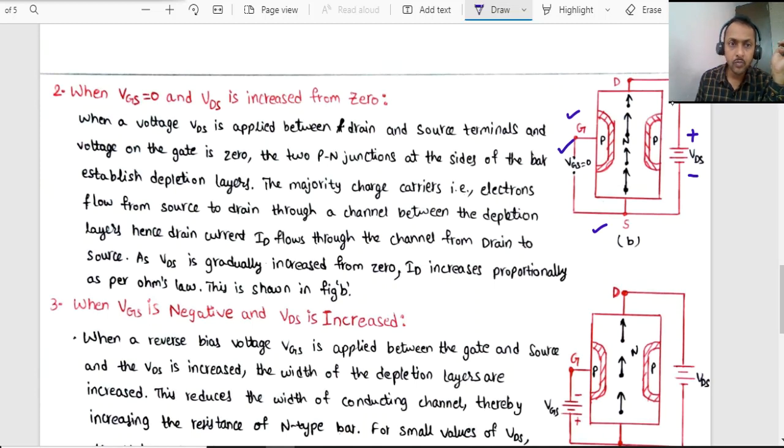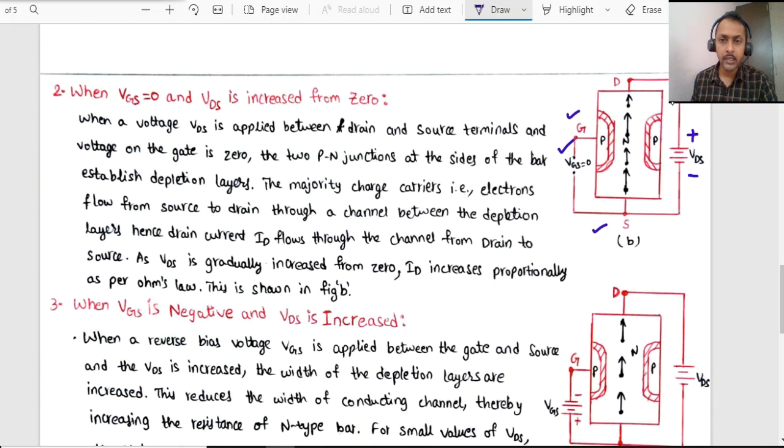There is already a depletion region. Now as this VDS gradually increases from 0, ID also increases proportionally. The drain current also increases slowly. If you increase the value of VDS slowly from 0 to some higher values, the drain current value also will increase. This is very, very important.